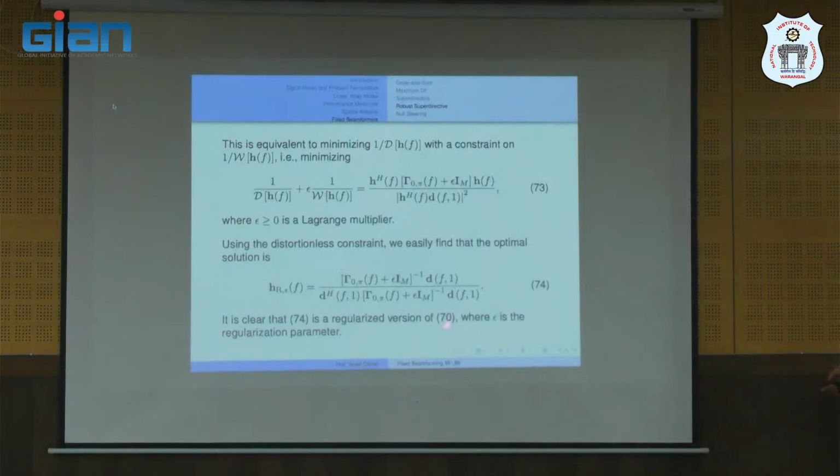You see, just like the maximum directivity factor, but instead of gamma 0 pi, which is the correlation matrix that corresponds to diffuse noise, we have this matrix plus epsilon I, identity matrix of size m by n. So this is the solution.